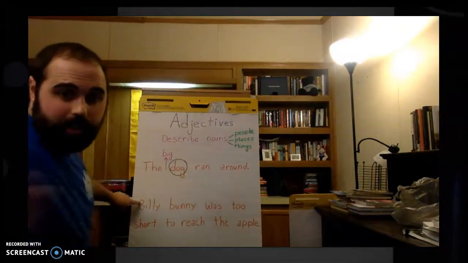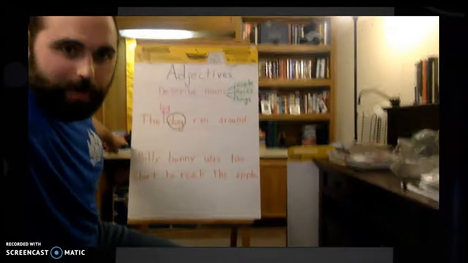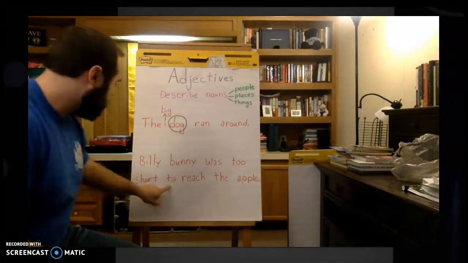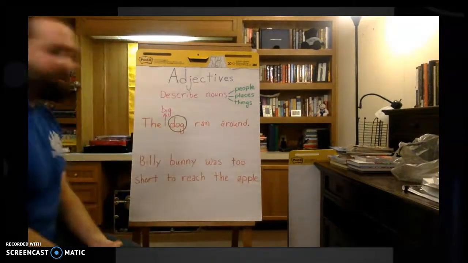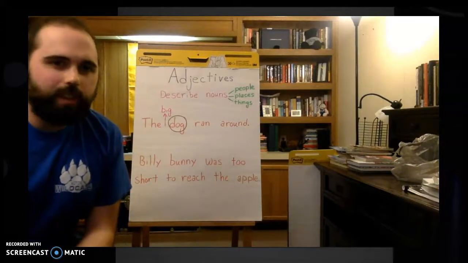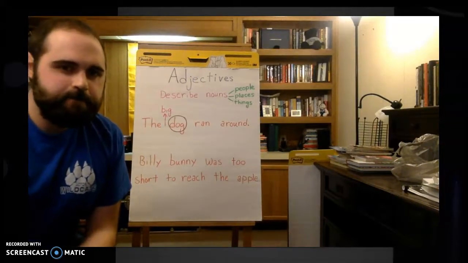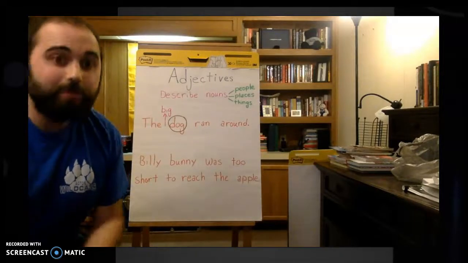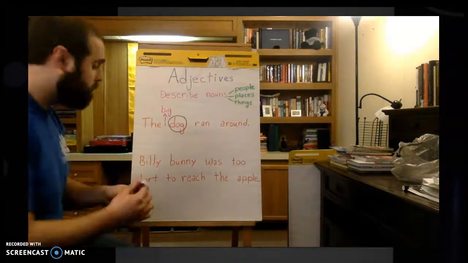Next example, right down here at the bottom. Oh, Billy Bunny. Billy Bunny was too short to reach the apple. All right, let's think about what the noun in that sentence is first. I'll give you a second. Oh, you found a couple of nouns. Very good. Yes, there are.